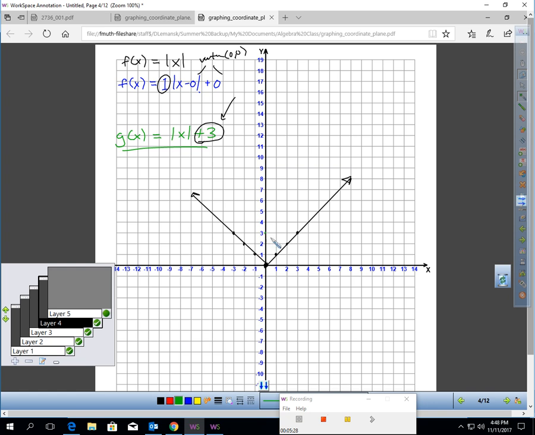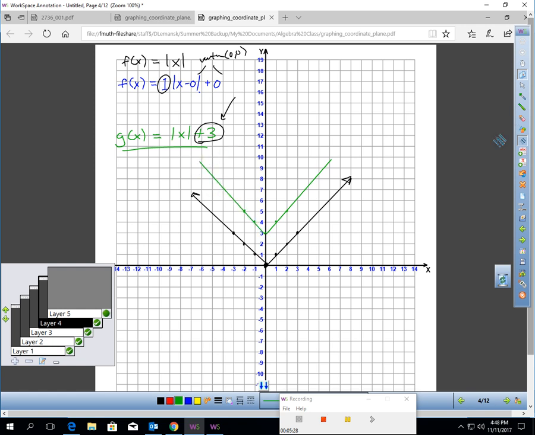So just move up 3, move all these points up 3, and redraw the graph. Well, okay, that's easy enough. So here is the function g of x. That plus 3 is just taking this graph, the parent function, f of x, and it's just moving it up 3.